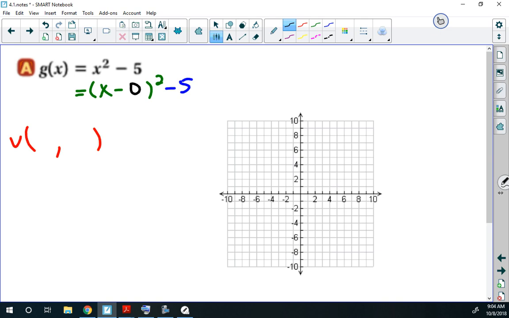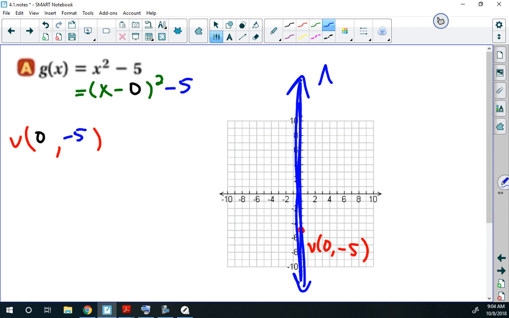So what's my vertex? 0, -5. So my vertex is 0, -5. I should sketch my axis of symmetry. Here it is. My axis of symmetry, I abbreviate AOS, it's x equals 0 in this case.